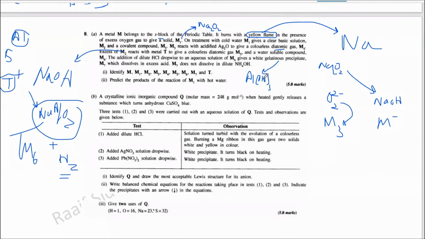So you can imagine what is happening with dilute ammonia. Aluminium hydroxide will be present in dilute ammonia. But when you make it excess, it will form the anion with OH minus, not with ammonia, but with NaOH here.